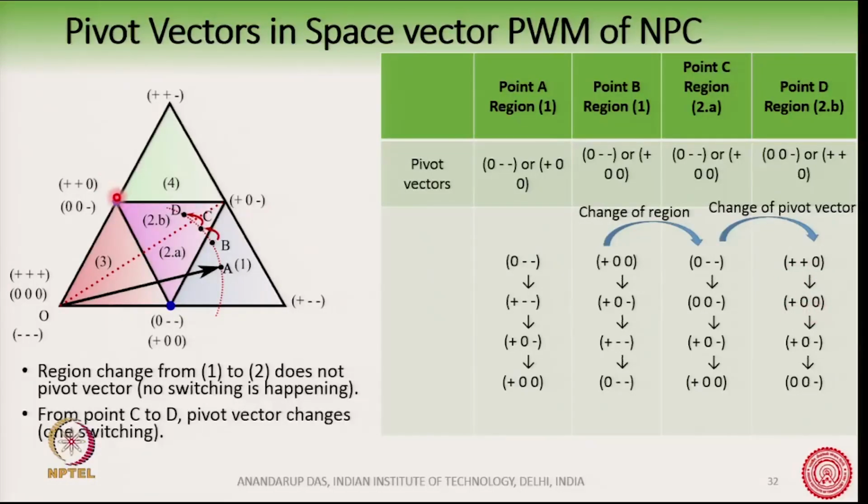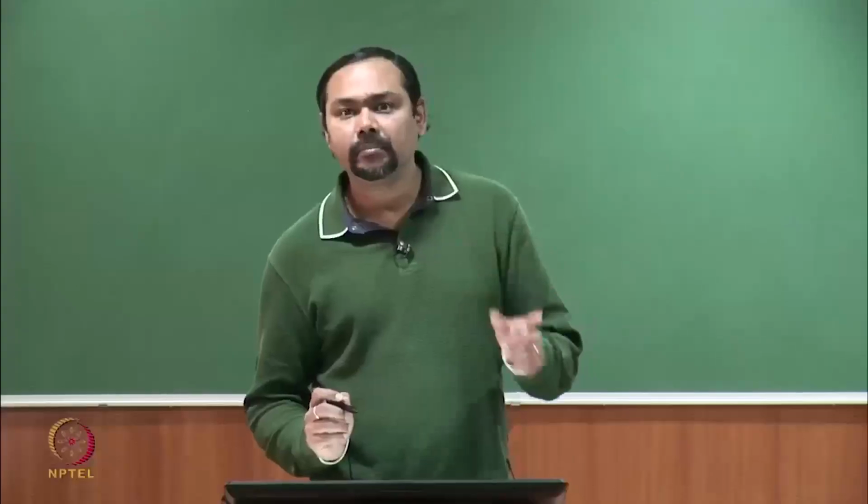So, from plus plus 0 we go to plus 0 0, then we go to plus 0 minus and 0 0 minus. Okay. So, in this way we see that there is one switching happening in each of these transitions, but there is one extra switching when we are changing the pivot vector.